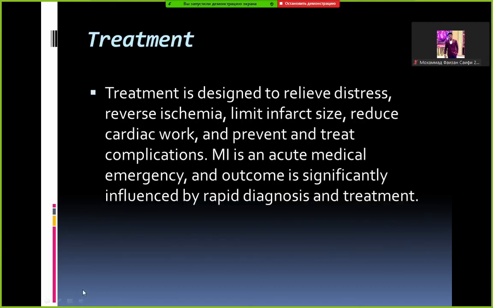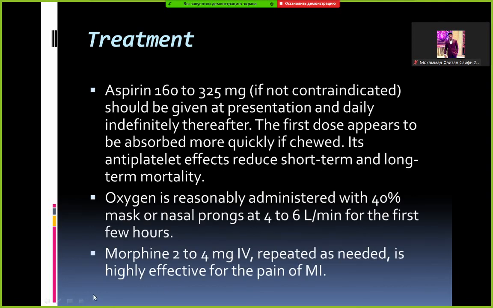Principles of treatment. Treatment is designed to relieve distress, reverse ischemia, limit infarct size, reduce cardiac work, and prevent and treat complications. Myocardial infarction is an acute medical emergency, and outcome is significantly influenced by rapid diagnosis and treatment.